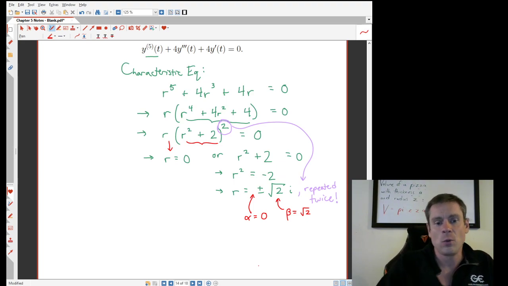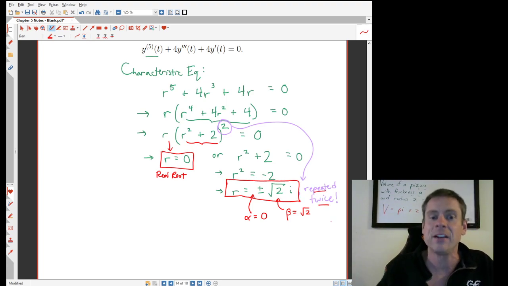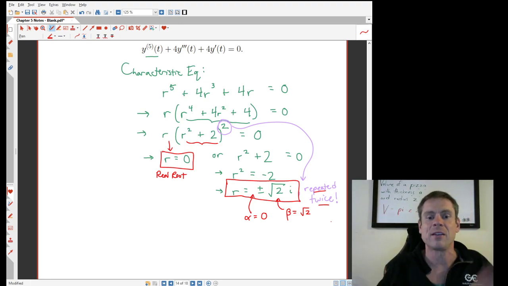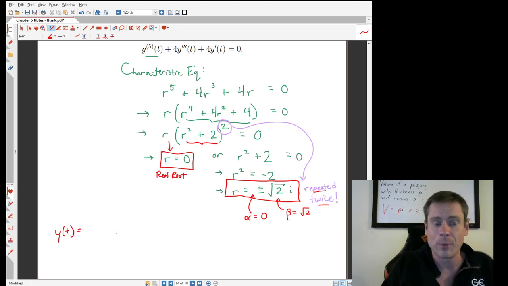So it looks like we have 5 roots. r equals 0 is a real root. And then r equals plus or minus root 2 i is repeated twice, and that's going to be a repeated complex root. Based on that, I can write down all of the different solutions and sum them up. So the solution is going to be, I can still write it down right away. I'm going to have c1 e to the 0t from the real root that's right there.